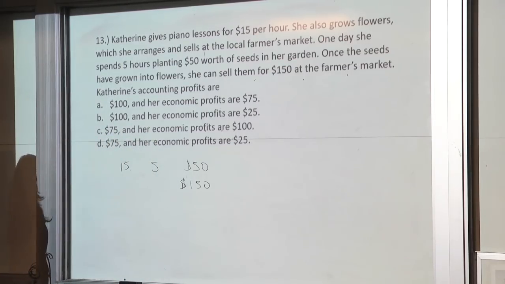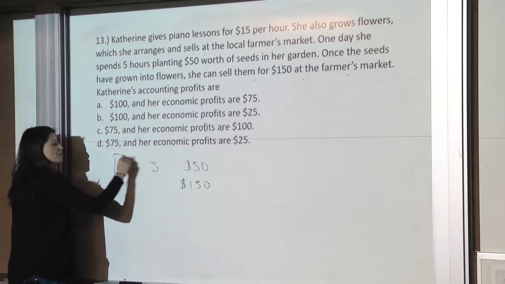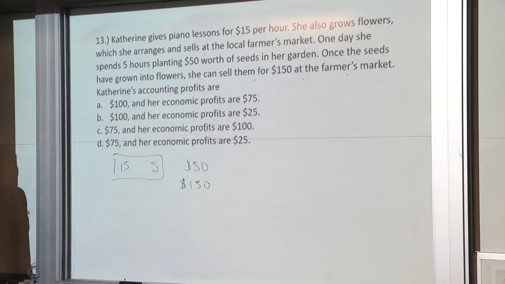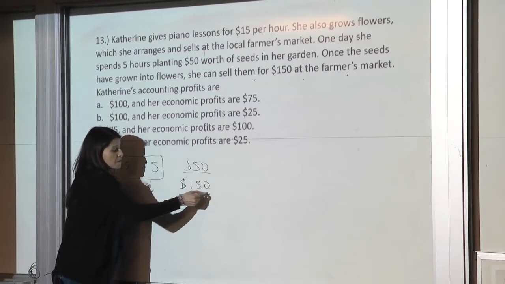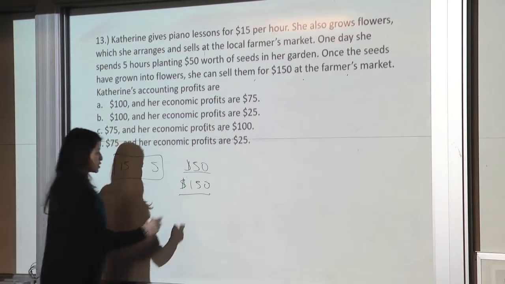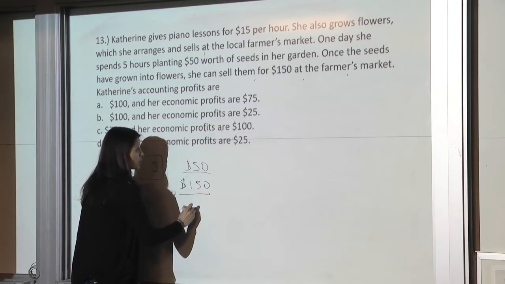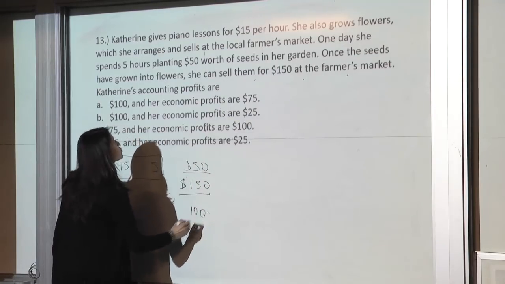Catherine's accounting profits are... So what are Catherine's accounting profits? They are giving me the information for the implicit cost, but I don't need it, because accounting profit is only the explicit cost and the revenue. So the difference between these two is 100, right?